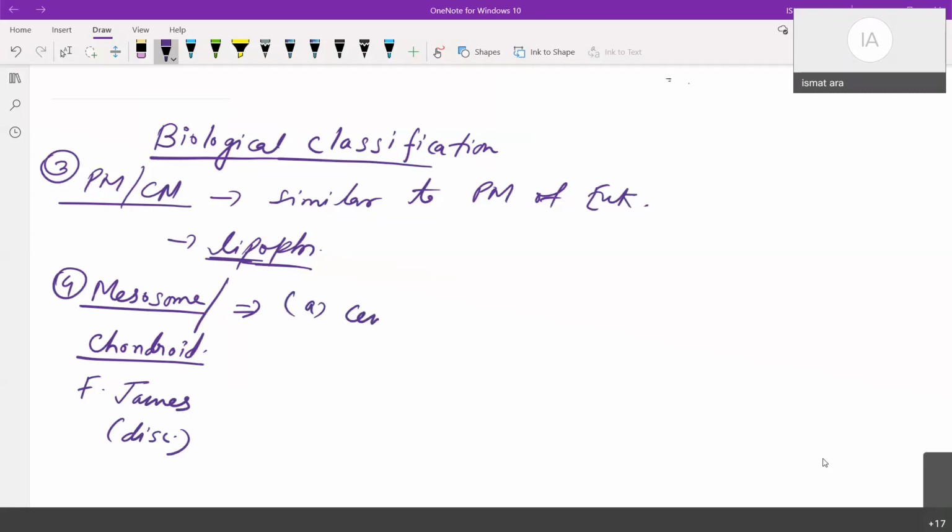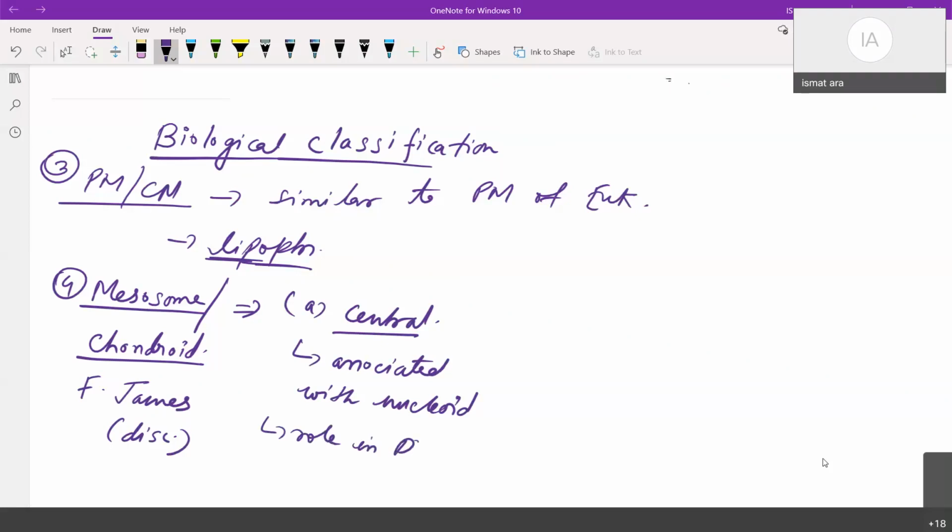Number one is the central mesosome, which is associated with the nucleoid. In the diagram I have shown you, that is the central mesosome. They play an important role in DNA replication and cell division.